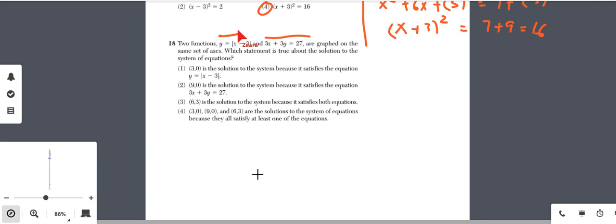And the second one is 3x plus 3y equals 27. Yep. So when I graph both of them, the solution point is 6, 3. So we did it by graphing calculator.